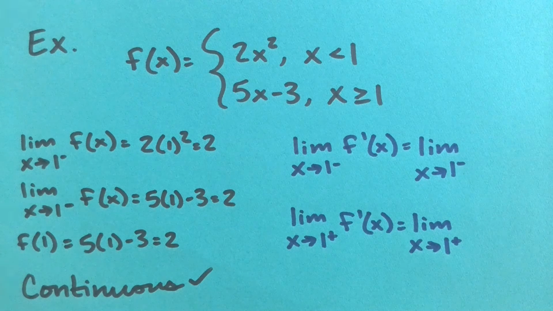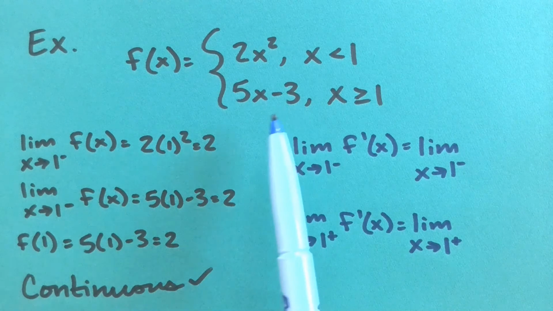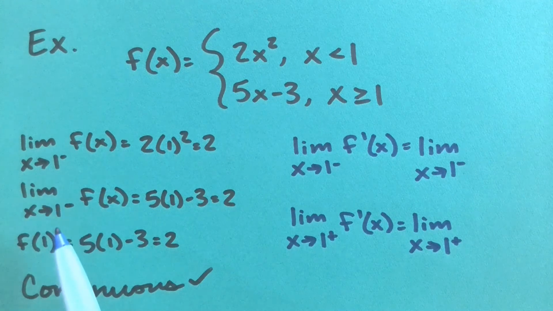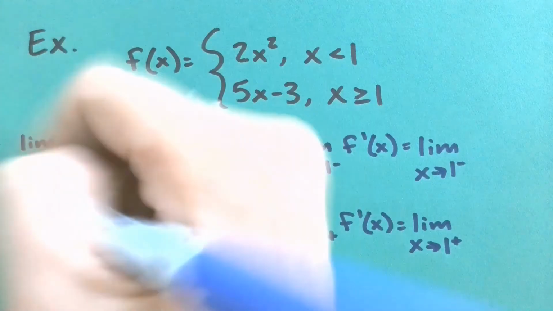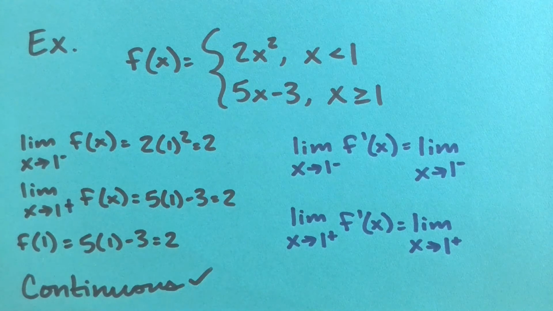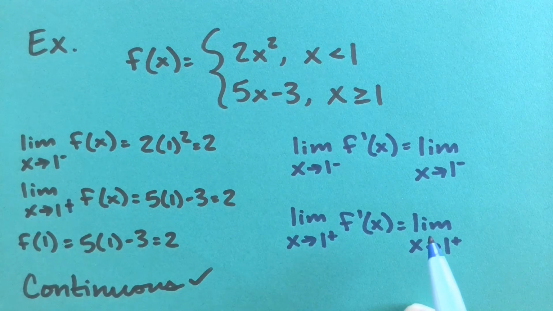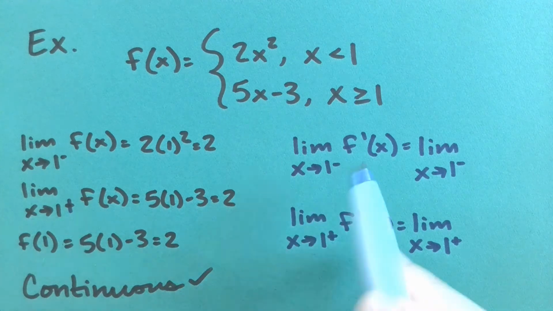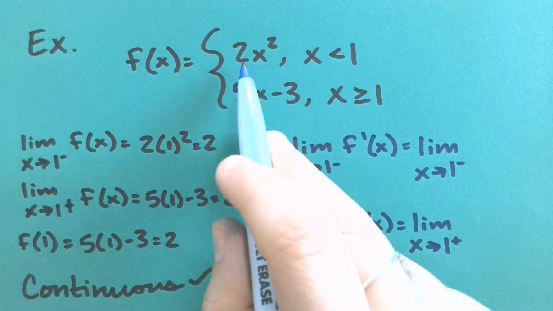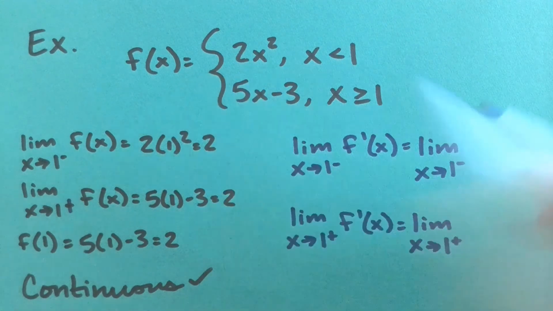So to illustrate this, we're going back to the example that we looked at for continuity earlier, that we checked the limit from the left of 1, from the right of 1, ooh, missing a plus sign, and then also at 1, and it was all 2, so it is continuous. But if we're looking at whether it's differentiable, I need to go on and look at the limit from the left of f prime. For that left piece, I have to take the derivative.